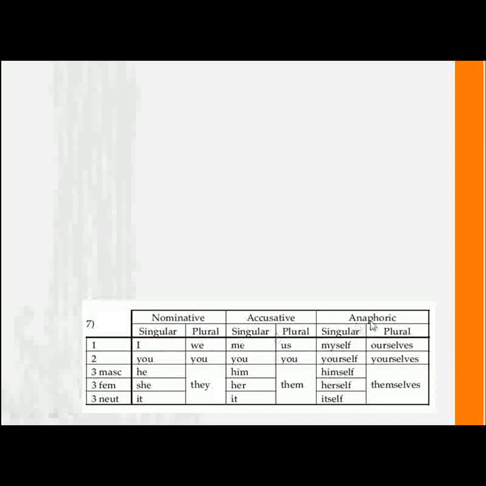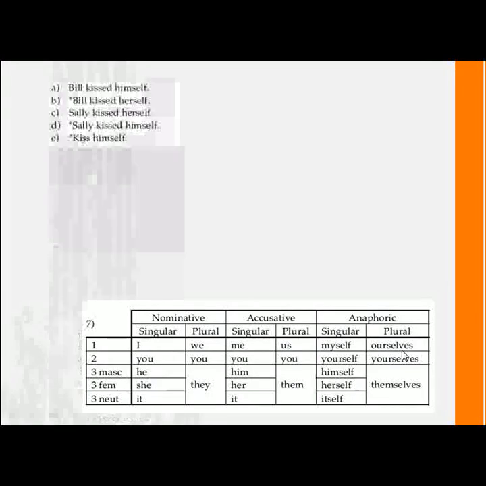Yeah, so this is anaphoric. Yeah, so like here we have pronouns. I, you, she, he, it. We, you, they. See as plural and singular. And then as the object, and then anaphoric, like myself or themselves. So let's see this example.